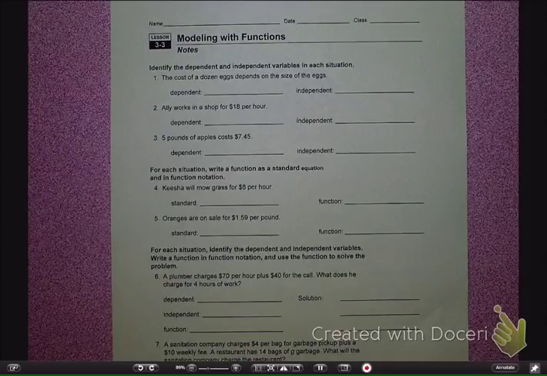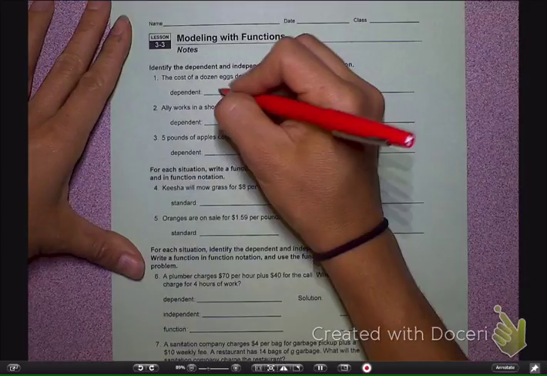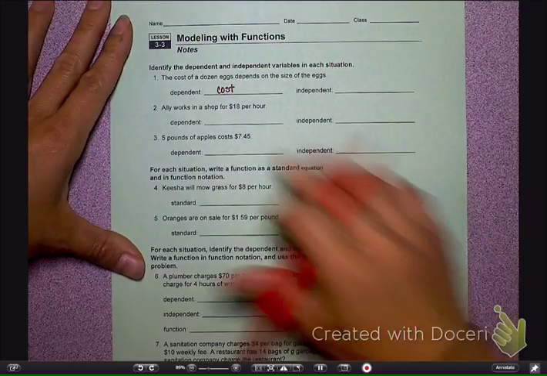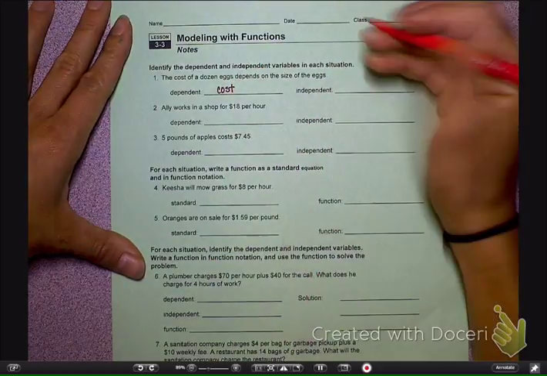Okay, so let's take a look at some of these example problems we have here. The first problem set wants us to identify the dependent and independent variable in each situation. Number 1 says the cost of a dozen eggs depends on the size of the eggs. So the cost is dependent, and that depends on the size, right?